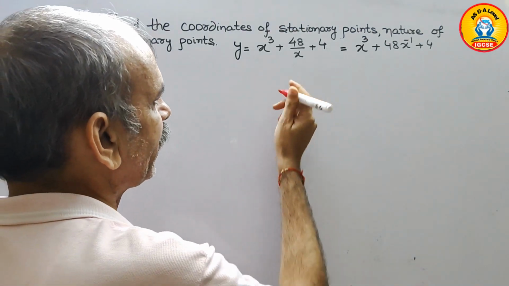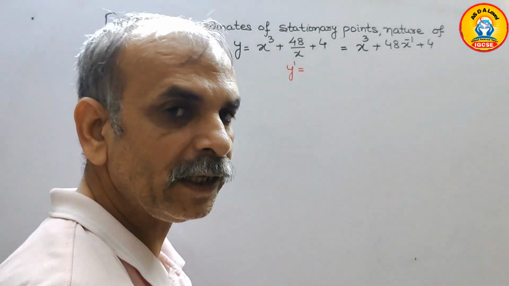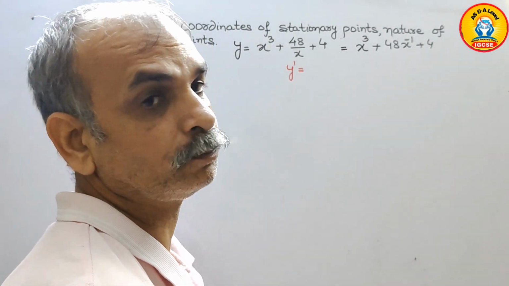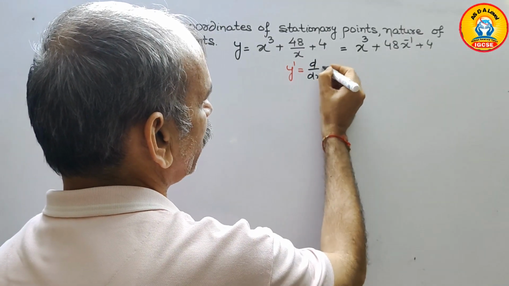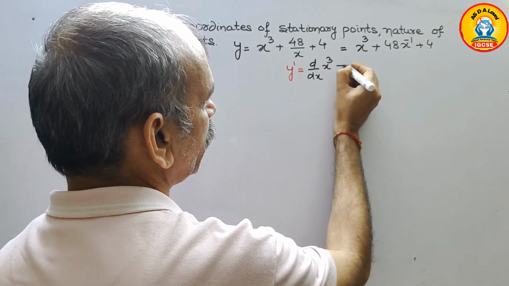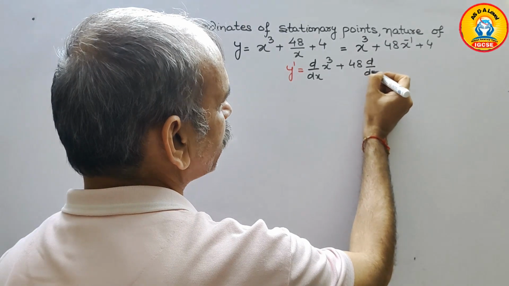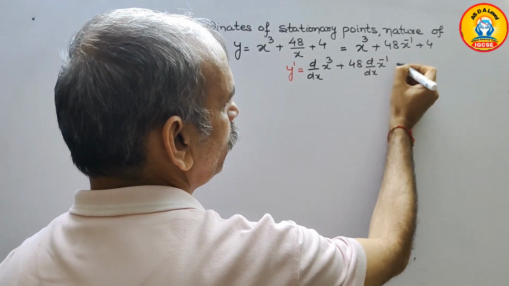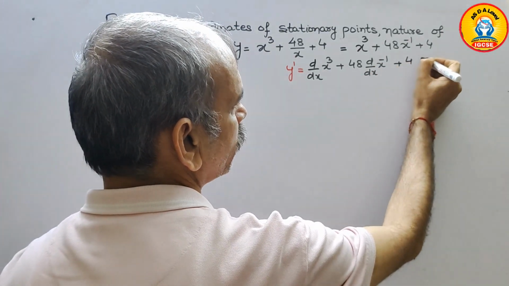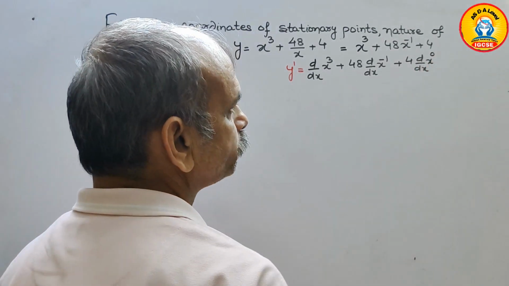y dash is equal to d by dx of x cube plus 48 d by dx of x to the power of minus 1 plus 4 d by dx of x to the power of 0.